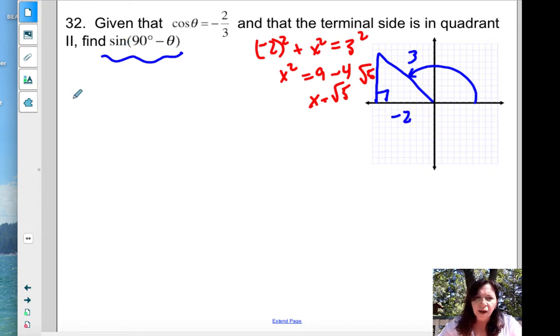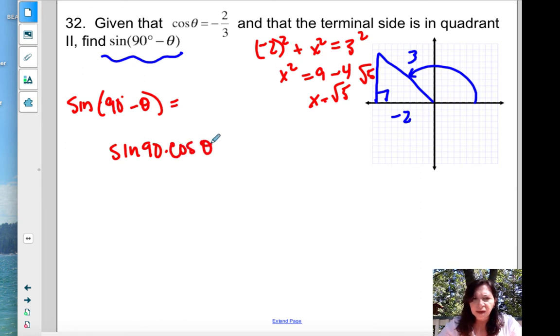To expand sine, we're going to go sine of (90 minus theta) is equal to sine of 90 times cosine of theta minus, because sine has the same sign, sine of theta times cosine of 90.